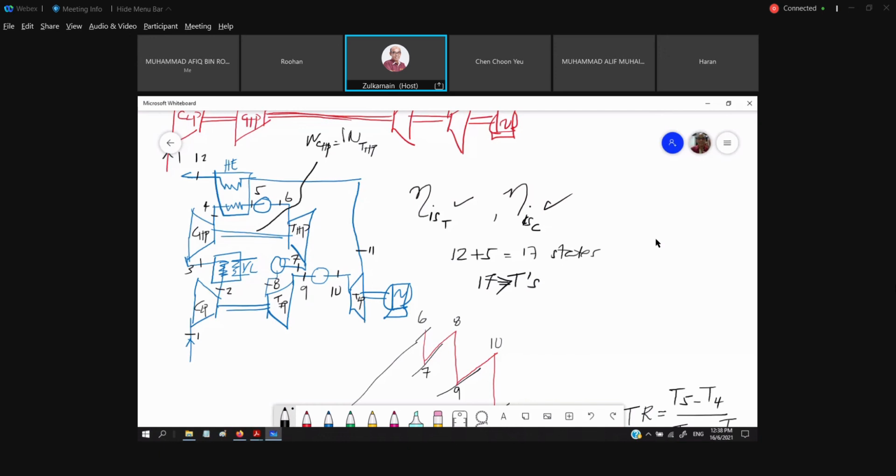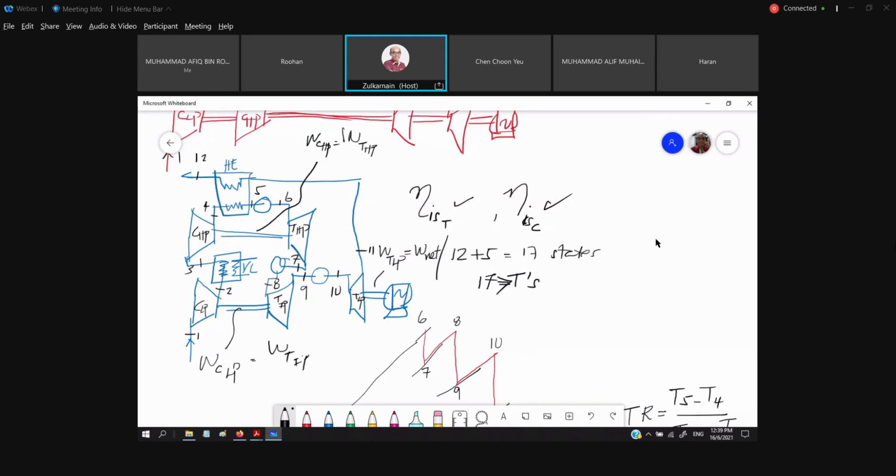From this shaft, we get W compressor low pressure is equal to W turbine intermediate pressure. From this shaft, W turbine low pressure is equal to W net. So this is the relationship between the turbine work, compressor work and the net work by looking at the shaft.